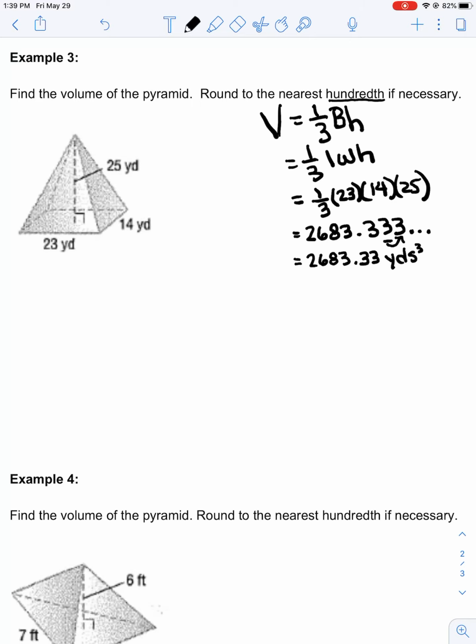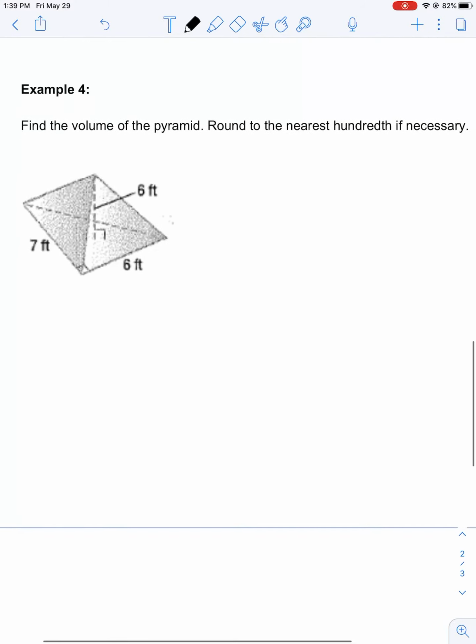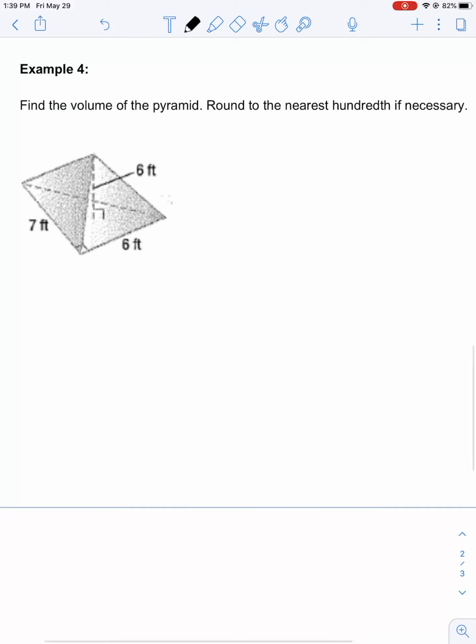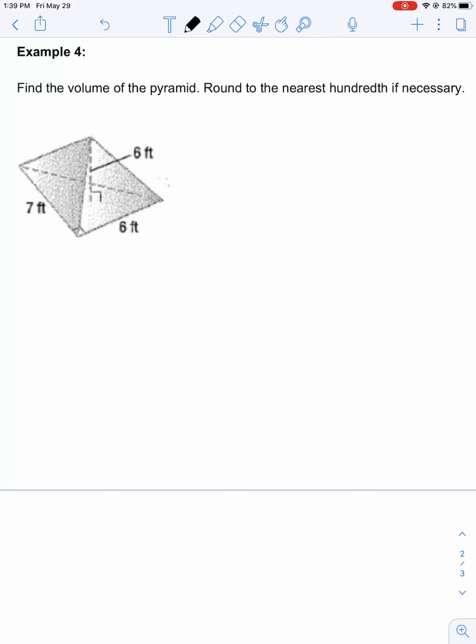Okay. My next example is example number 4. And I believe this is our last example. And again, it's our triangular pyramid. And we have here, and notice you can tell the height because of our box right here, and the height going up right there.